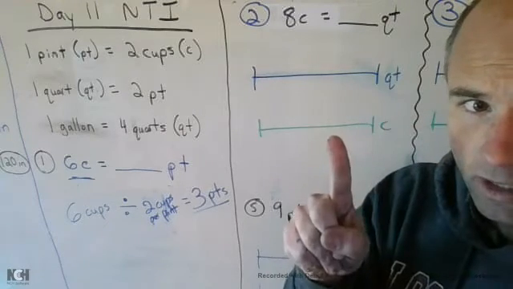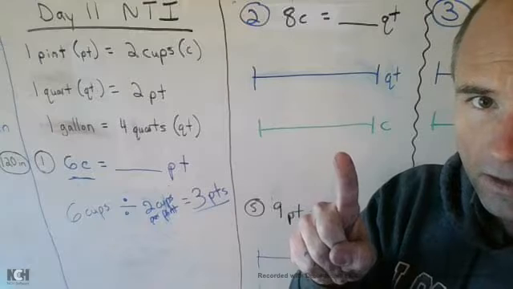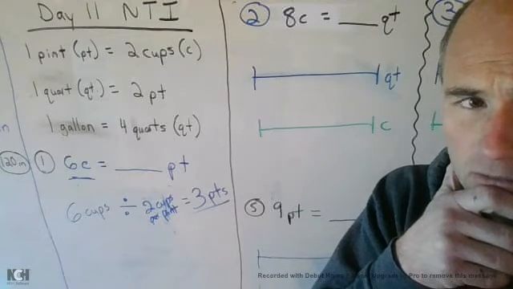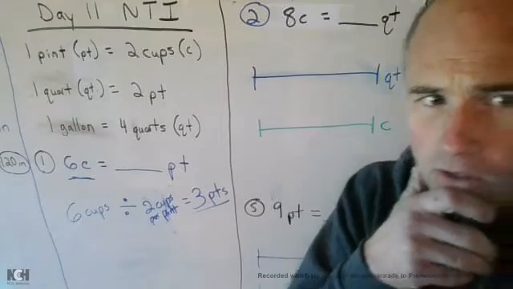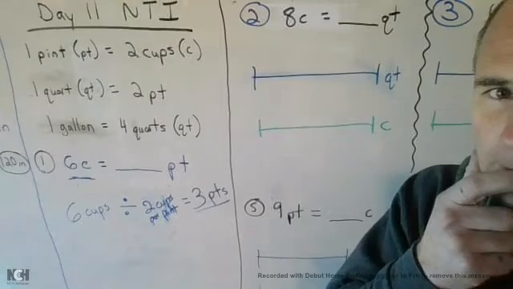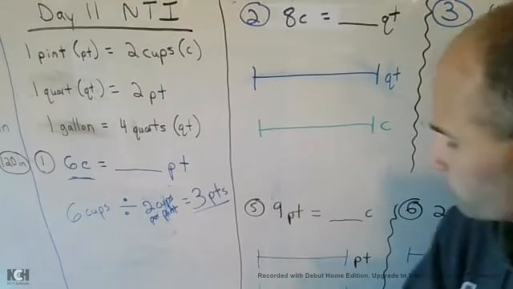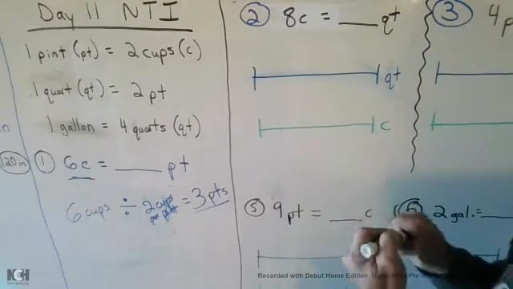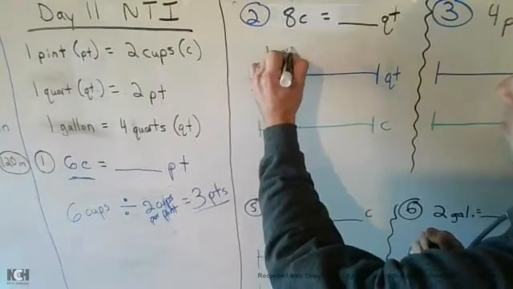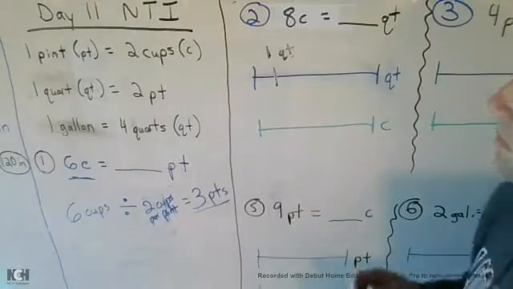Well, 1 quart gives you how many cups? So you need to work backwards and realize, wait a second. If I have 1 quart, how many cups is that going to be?